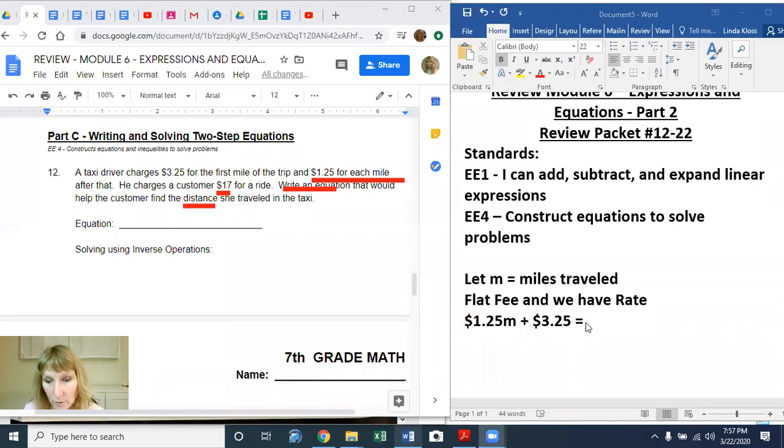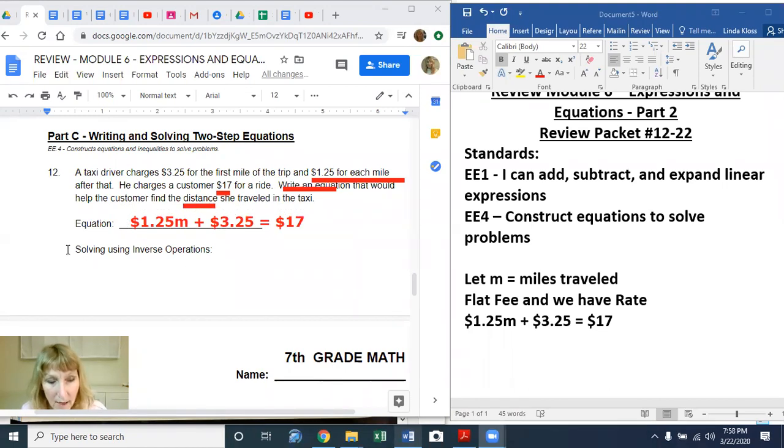So the total is going to be $17. So that is the answer to our equation. So let me write the answer here. $1.25M plus $3.25 equals $17.